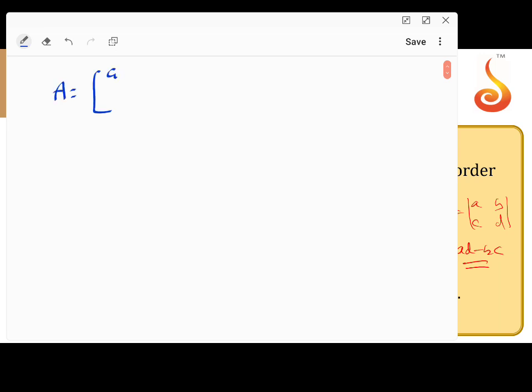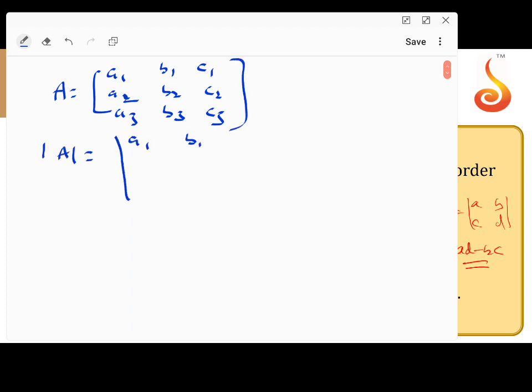Suppose A is a1, b1, c1, a2, b2, c2, a3, b3, c3. Then delta A equals, so now you can find the value of the determinant. You keep plus here, minus here, plus here.